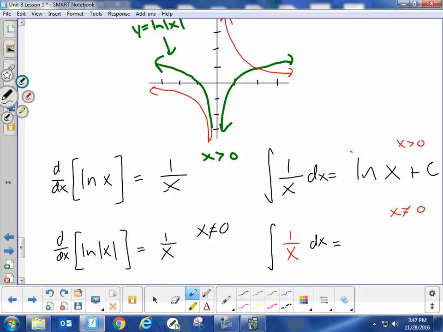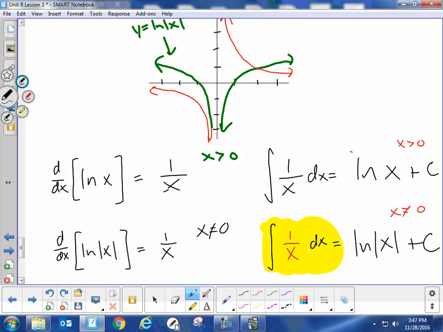And it turns out if I just ask you this, without talking about any specific x values, you must tell me that its antiderivative is log absolute x. So I need an absolute value if I'm taking the antiderivative of 1 over x, and there's no distinction of the domain being positive x values.